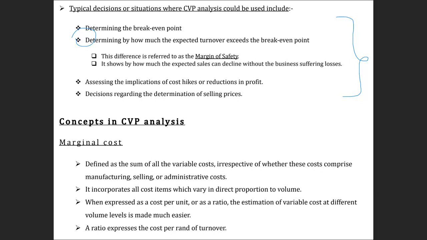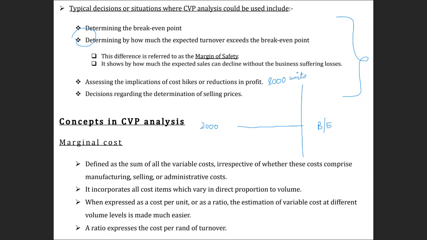So the definition of your margin of safety is the extent to which a business's sales can decline without the business suffering losses. So, in terms of numbers and to help you understand this better, let's suppose we calculate the break-even and it is 2,000 units. And let's suppose that a business is currently sitting at 8,000 units being produced in a particular month.